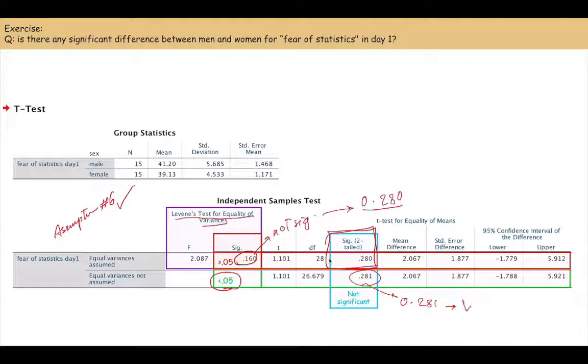Actually, this is the Welch t-test, which accommodates non-homogeneity and gives us a valuable result. So in case Levene's test was significant, we read the second line, which is the Welch t-test, and we can also report it when we are writing the results.